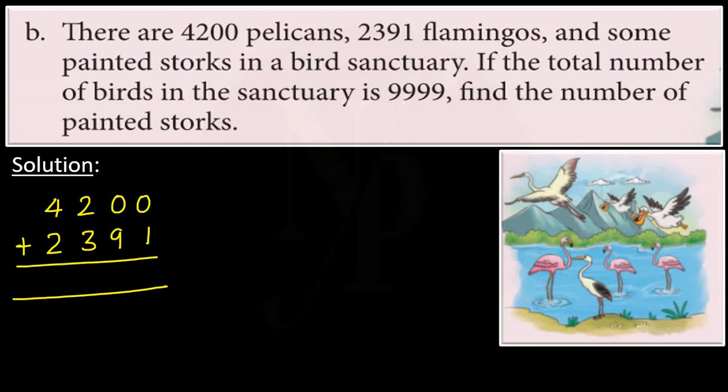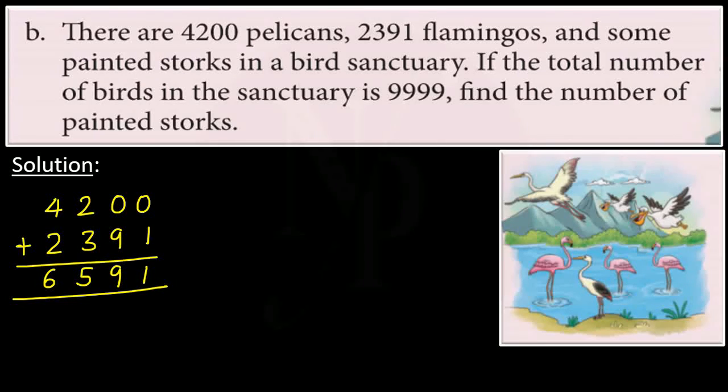So 0 plus 1 is 1, 0 plus 9 is 9, 2 plus 3 is 5, 4 plus 2 is 6. So the sum of these numbers, or the sum of the pelicans and flamingos together is 6591.